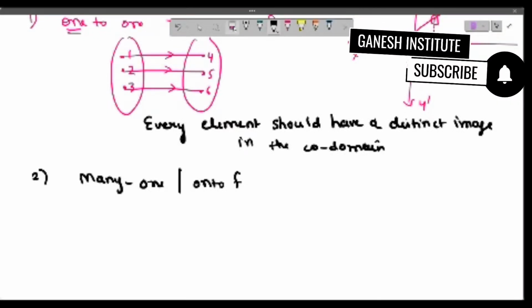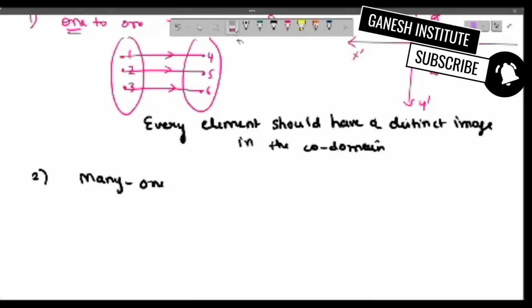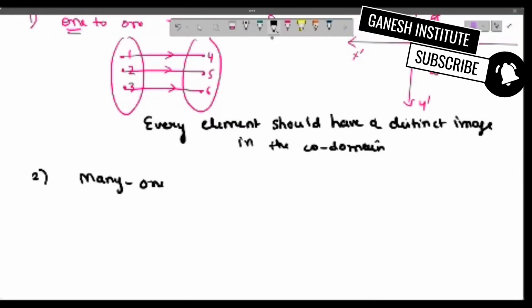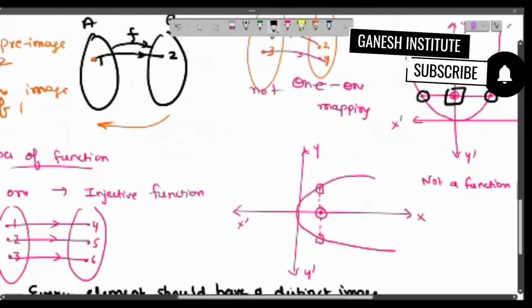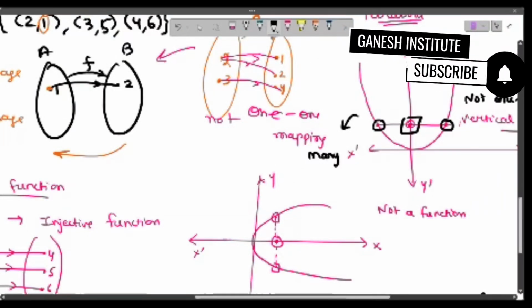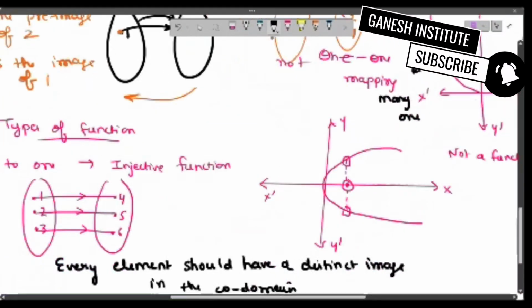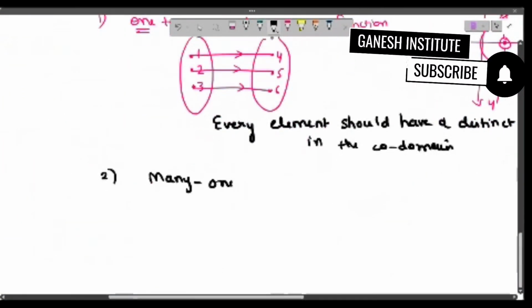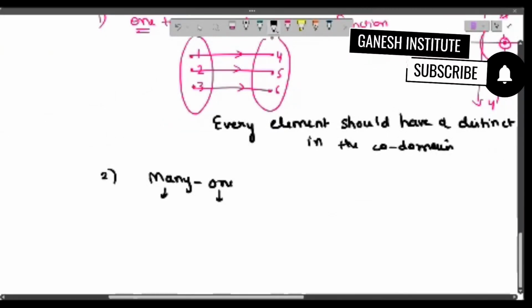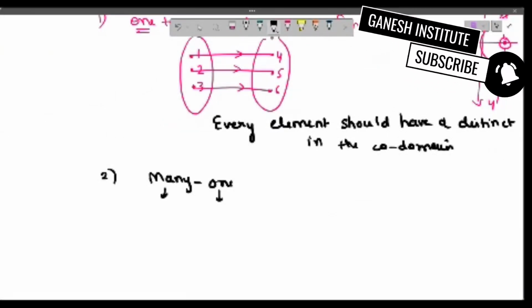Oh, sorry. Onto is different. Many-one function. So as the name suggests, this is many-one, right? Many values for x, but they have the same images.